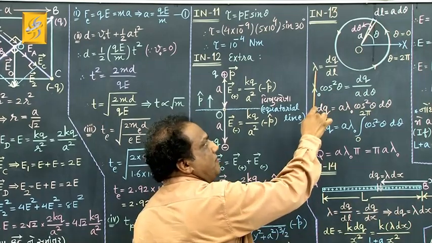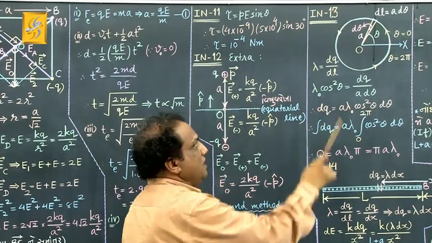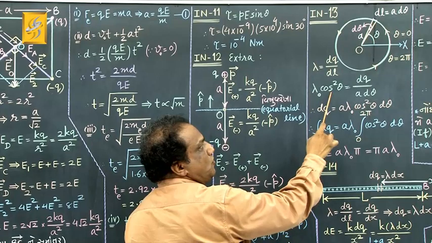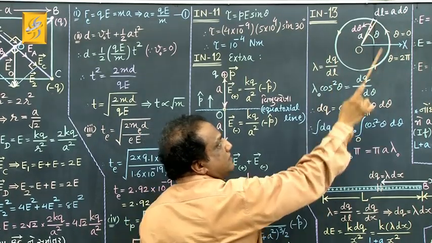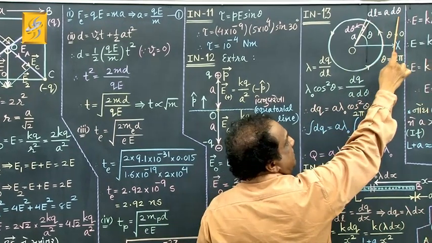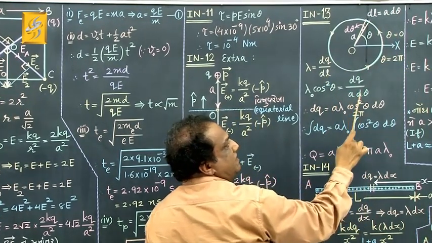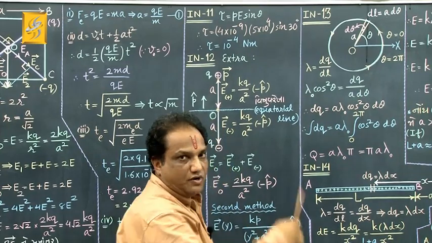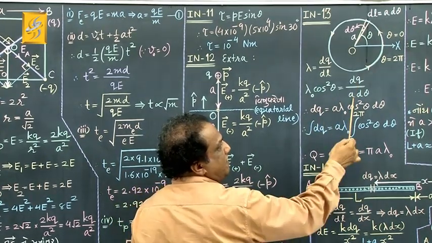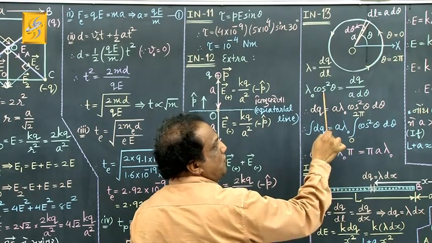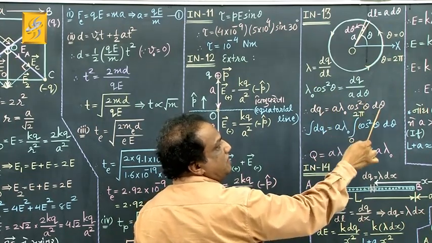But the formula of lambda given to you right now is lambda equals lambda 0 cos square theta, and dl is a d theta. Find out dq now. Transferring this, dq will be a lambda 0 into cos square theta into d theta.